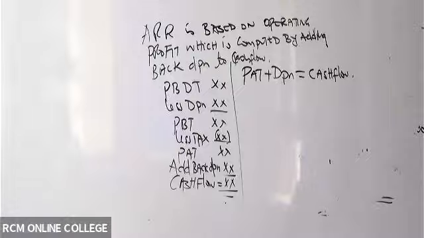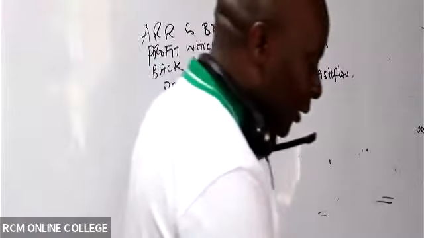So ARR is based on operating profit, which is computed by adding back depreciation to our cash flow. We shall take a break, ladies and gentlemen, 10 minutes. When we come back, that is where we shall pick from. Ensure that you take a glass of water.